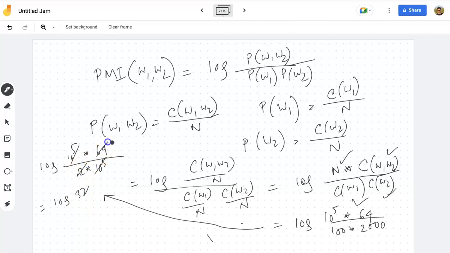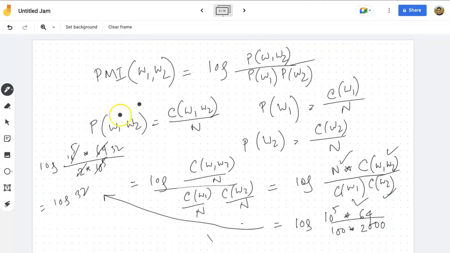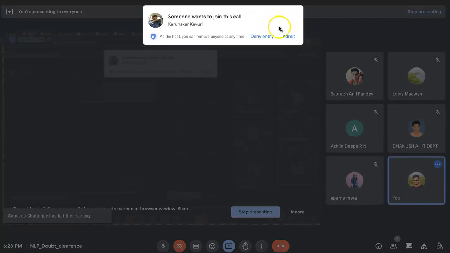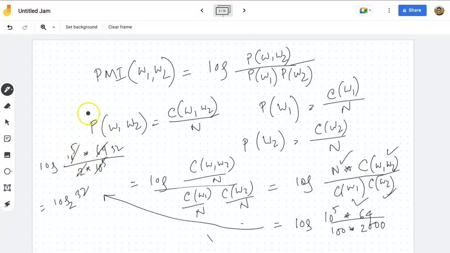In the question they say to use base 2. Now log base 2 of 32, where 32 is 2 to the power 5, is 5. So the answer will be 5.